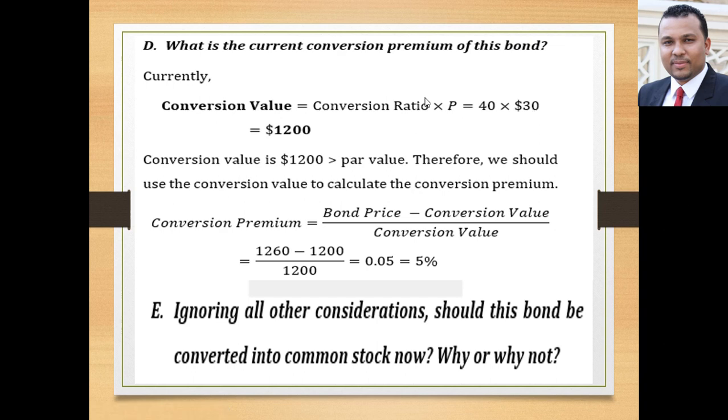The conversion ratio is constant, 40 common shares. 40 common stocks multiplied by $30, the conversion value equals $1,200. In this case, the conversion value, $1,200, is greater than the par value. Par value equals $1,000. This is constant.